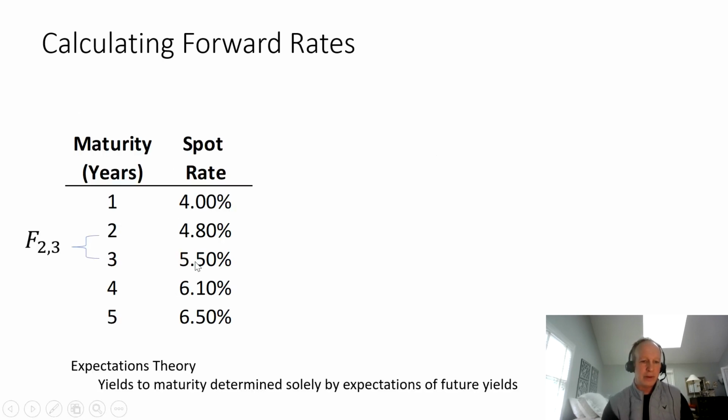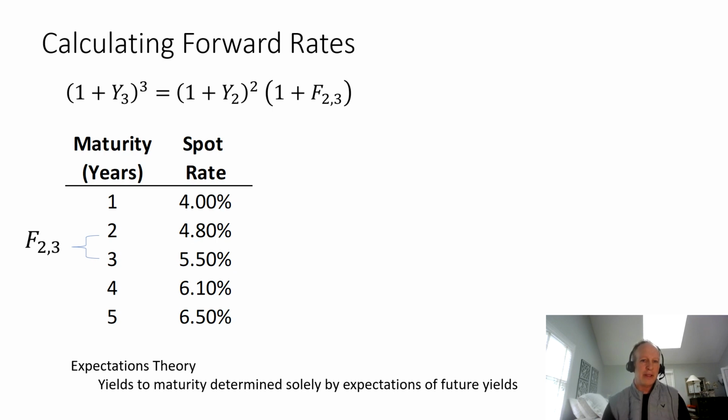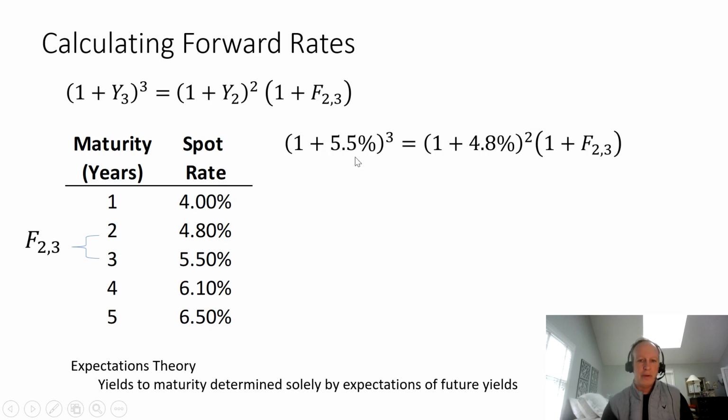In this case, this is what I'm calculating, that 1-year rate that's going to exist between year 2 and 3. So here's how I express that mathematically. And this time, you can see I'm raising it to the third power. That's because I'm getting that 3-year rate for 3 years. Or I can get the 4.8% yield for 2 years, and then roll that into the 1-year note.